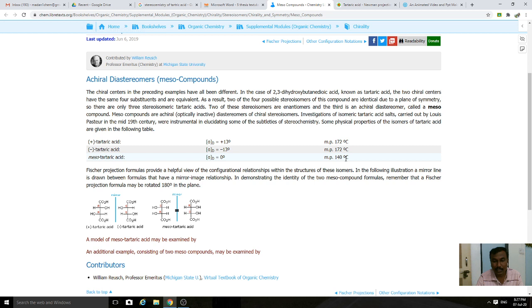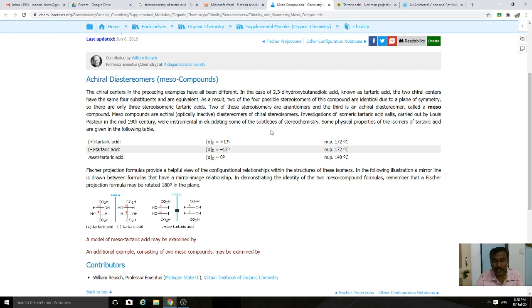The melting point of the meso form is different from the dextro and levo forms, at 140 degrees. So this is about mesotartaric acid, having two chiral centers but being an optically inactive compound.